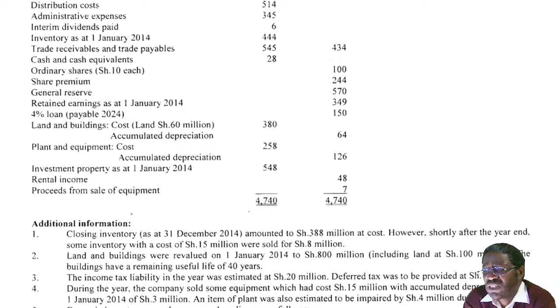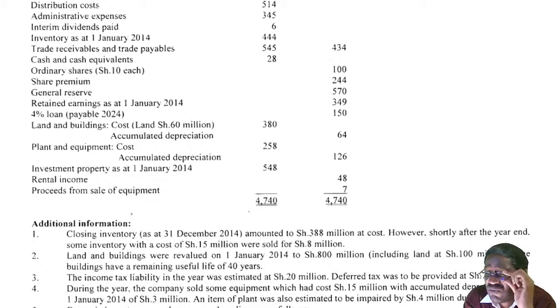Then you have the land and buildings. You are given the cost. In the bracket, you are given that the land was worth 60, but for both land and buildings, you can see in the column, they were 360. Then you are given the accumulated depreciation. Then you are given plant and equipment, with the cost and the accumulated depreciation.